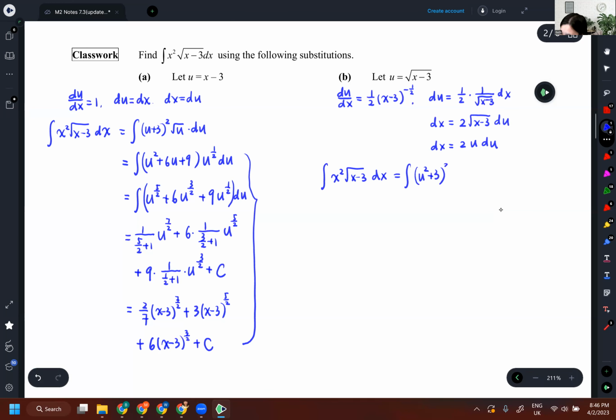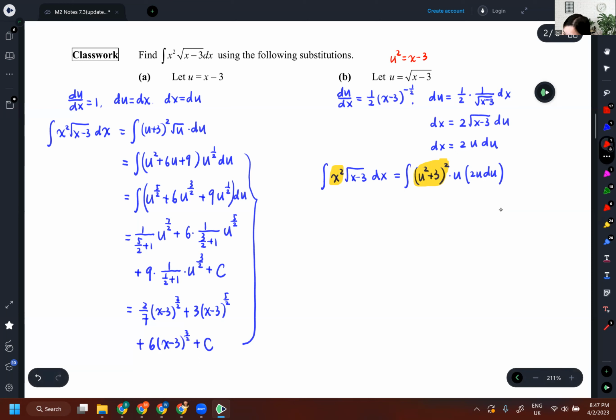And then dx is 2u du. Now here you may need some time to work this out. Technically you need to work this out: u squared equals x minus 3, so x equals u squared plus 3.